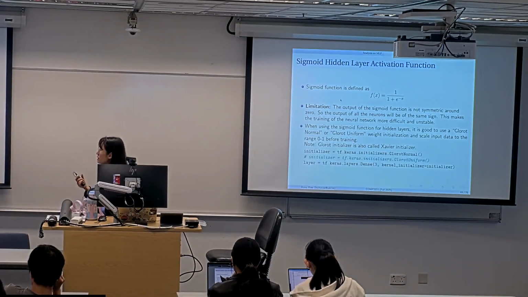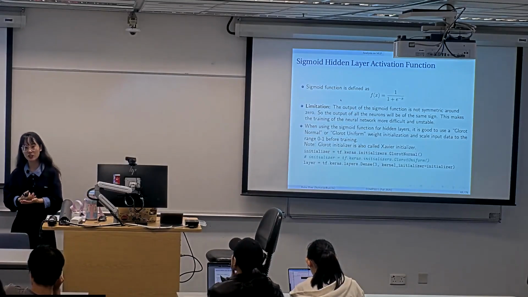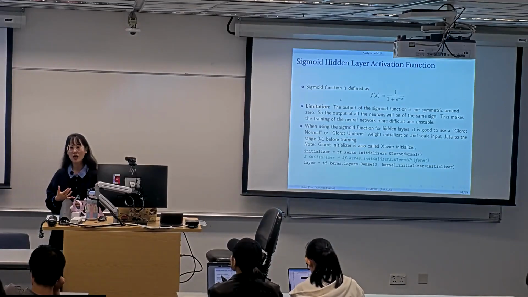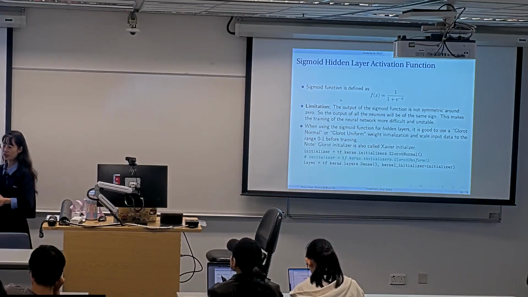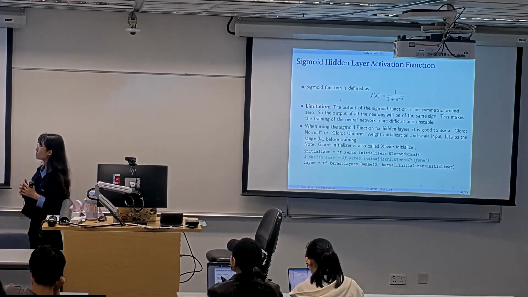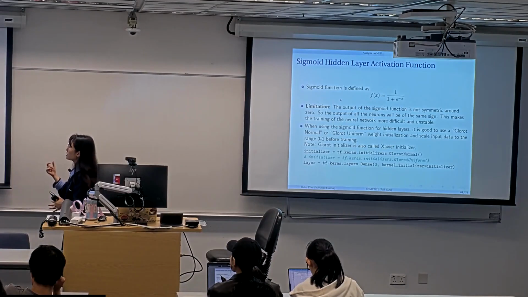When these neurons try to learn parameters, to know which inputs or features are more important, that will highly depend on the sign of the output, whether it's positive, negative, or 0. But sigmoid makes all the outputs the same sign, all positive. That's not so good for training the neural network.